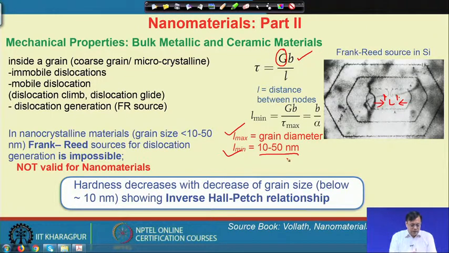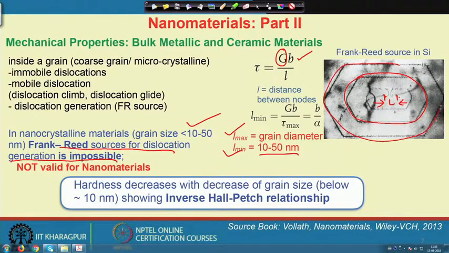So, in a nanocrystalline material, less than 10 to 50 nanometer, this Frank-Read source for dislocation generation becomes impossible, because dislocation itself is not stable inside a nanomaterial, that we have proved in the last week. You can remember, dislocations always try to go outside the grain and join at the grain boundary.